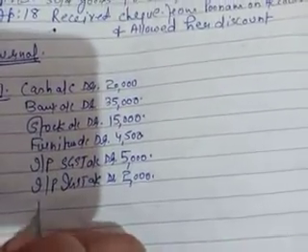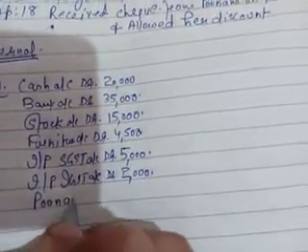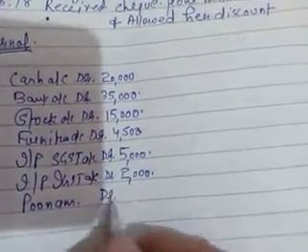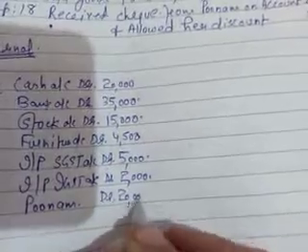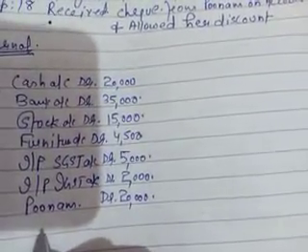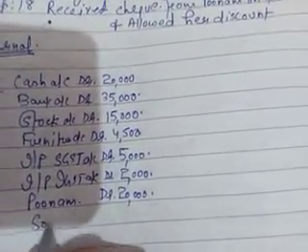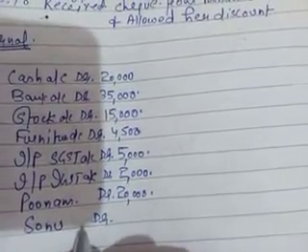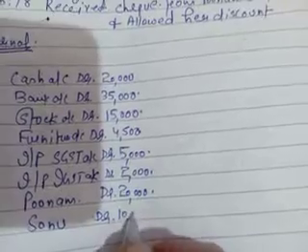Debtors. Who are the debtors? Poonam debit 20,000. The second debtor was Sonu, Sonu debit 10,000.